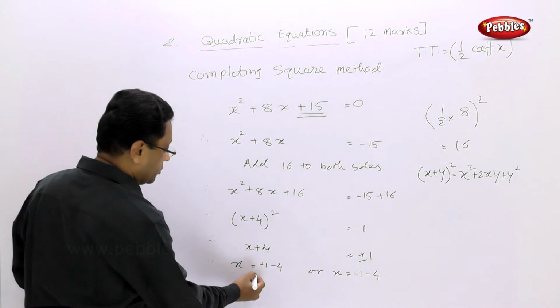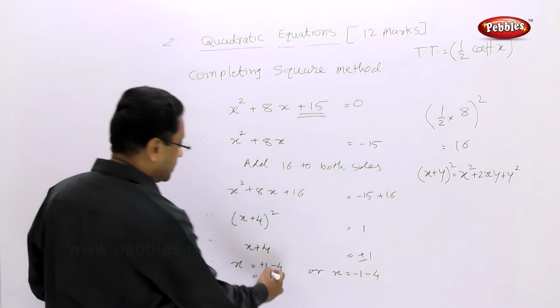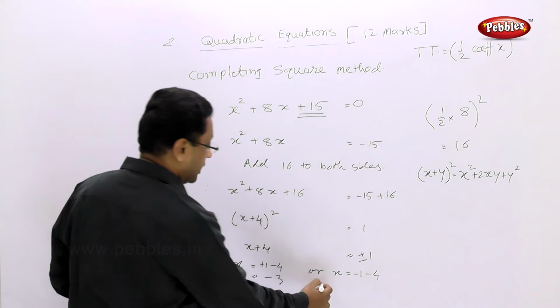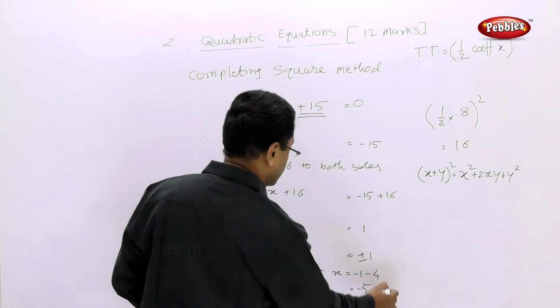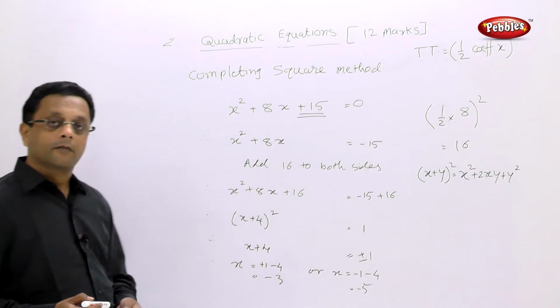So the first value of x we get is minus 3 and the second value is minus 5, right.